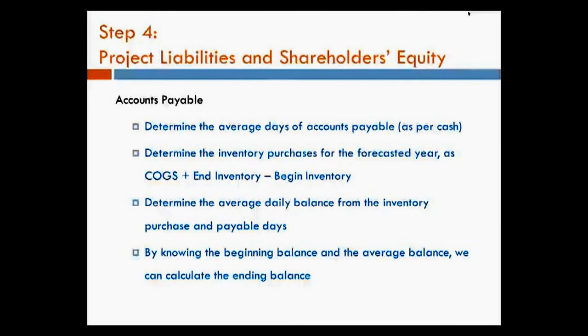Okay, accounts payable, you'll estimate your accounts payable. We're into some current liabilities now. You'll do that the same as you did cash, same model. And you'll continue to forecast your inventory purchases, your cost of goods sold that you're estimating for the year, whatever the ending inventory you expect to have minus the beginning inventory.